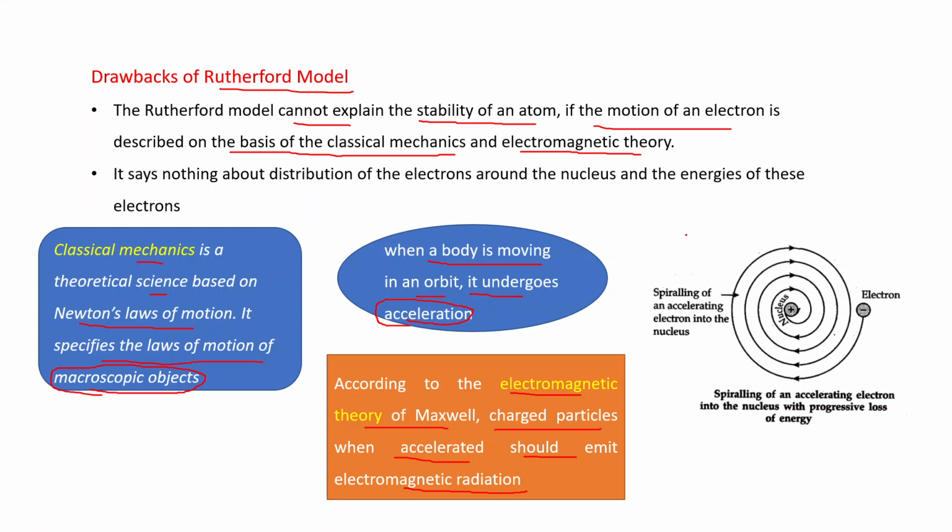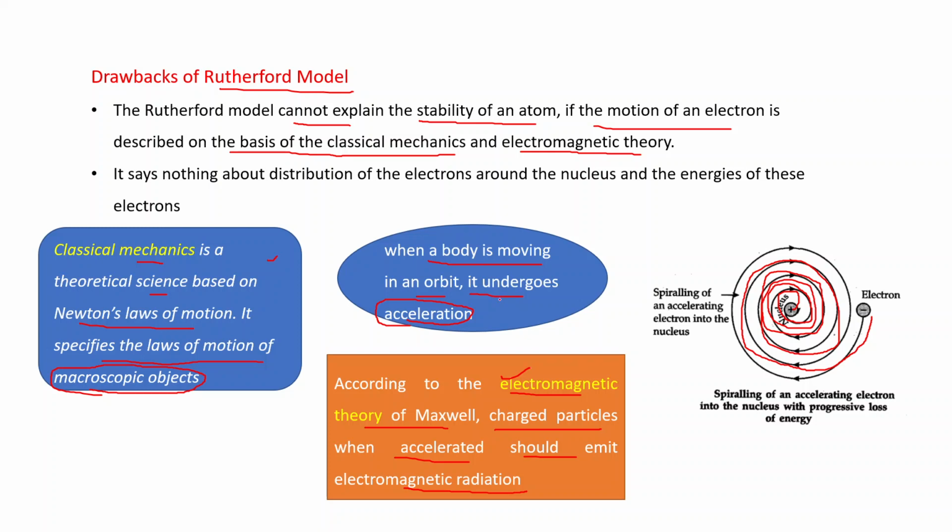And when they emit energy, the path of the electron continuously shrinks, and finally the electron should merge into the nucleus, and again we will get the Thomson model, a miniature form of the Thomson model. That's why if we compare the Rutherford model according to classical mechanics and Maxwell's electromagnetic theory, then atoms are unstable.